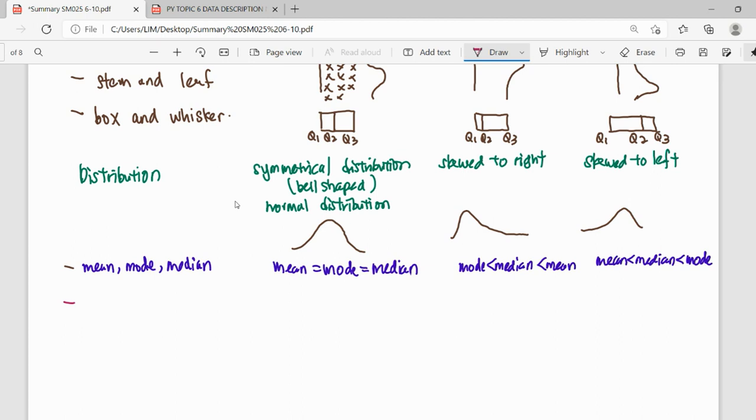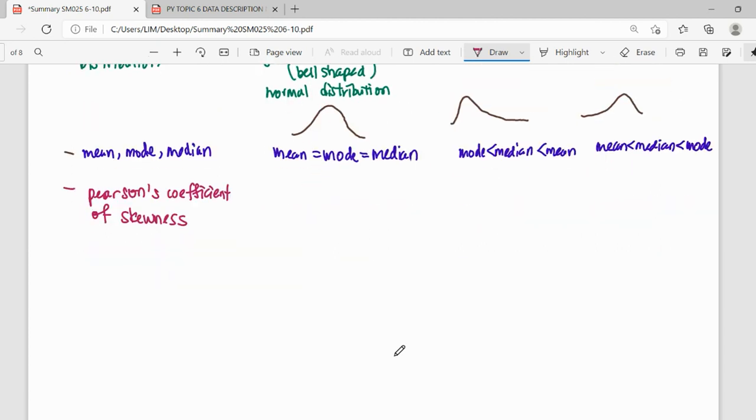That one totally depends on our calculation. Pearson coefficient of skewness. It will have two formulas, depending on what kind of parameter you want to calculate.